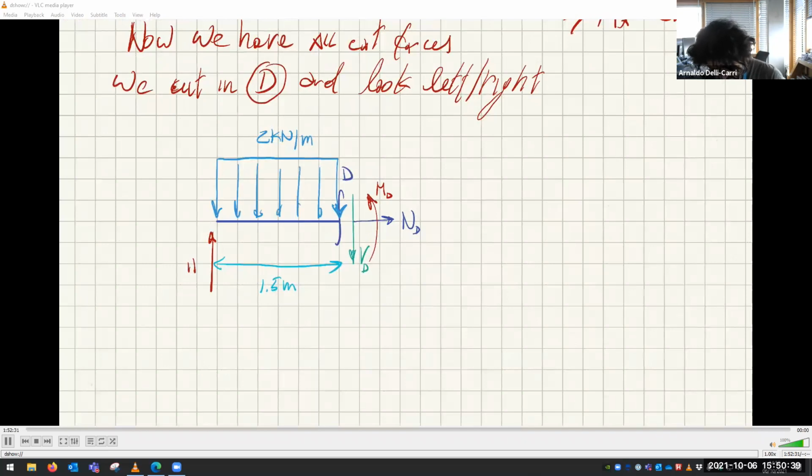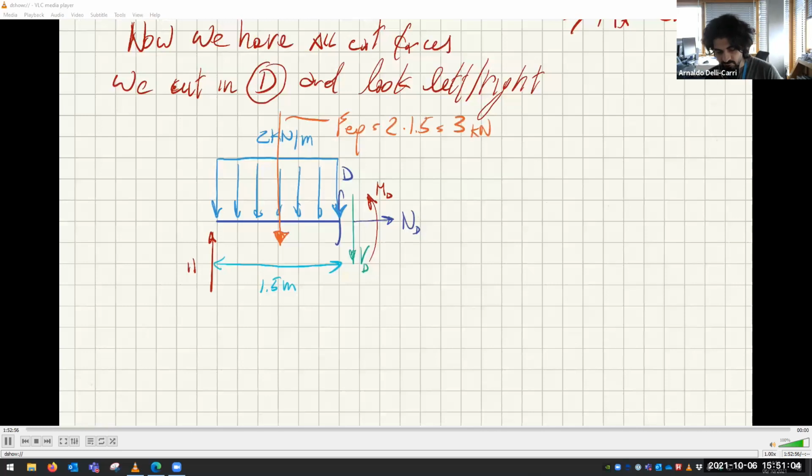So this means you have to do one more time, find the equivalent force. F equivalent is now 2 times 1.5, which is 3 kilonewtons, applied in the middle, 1.5 divided by 2, all right?